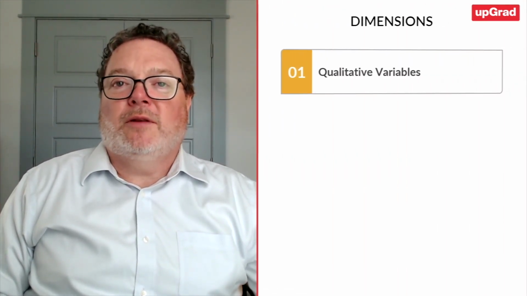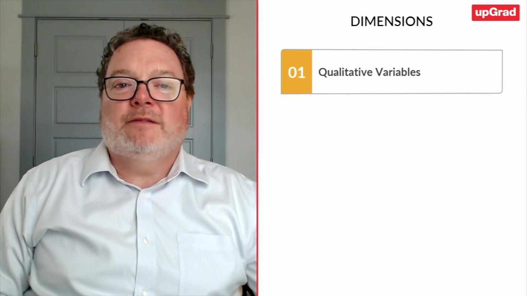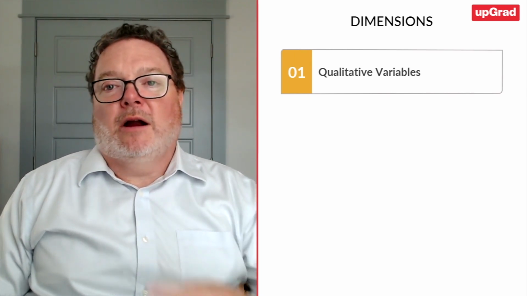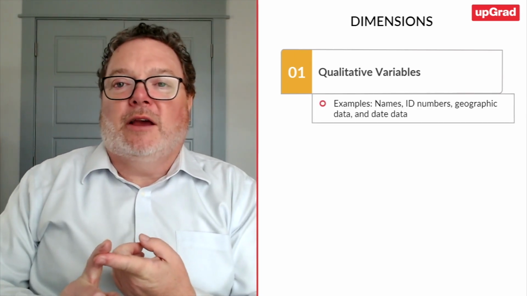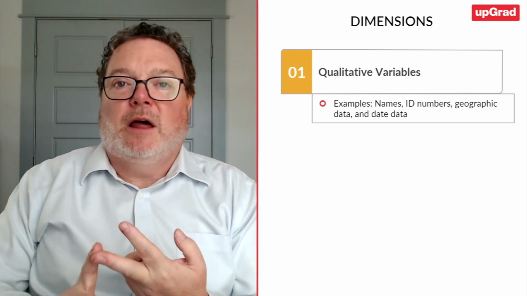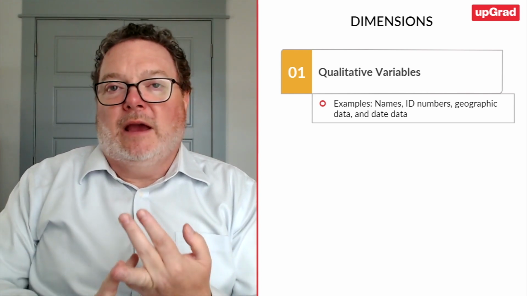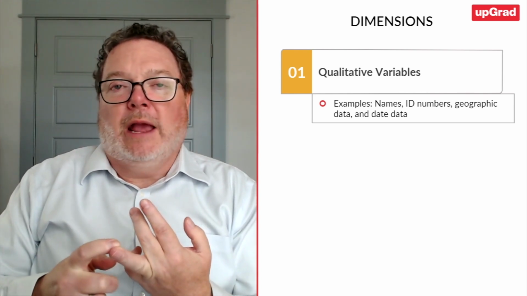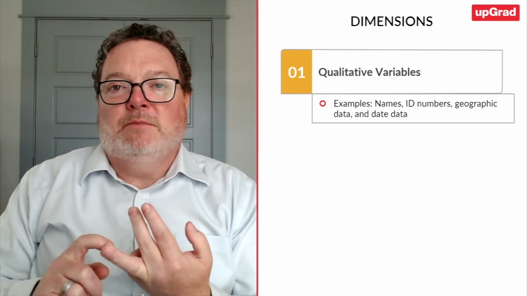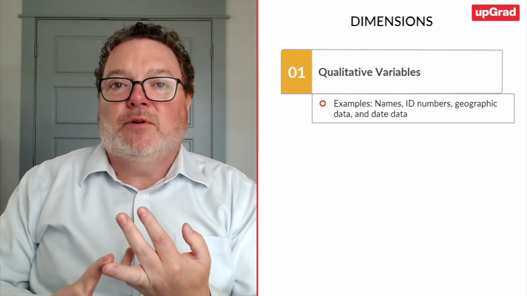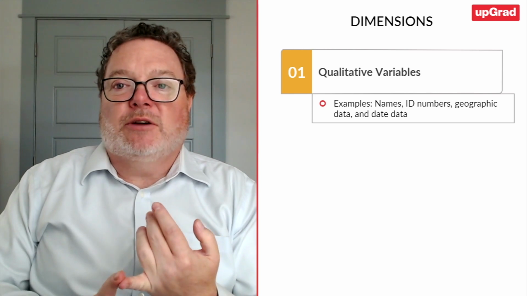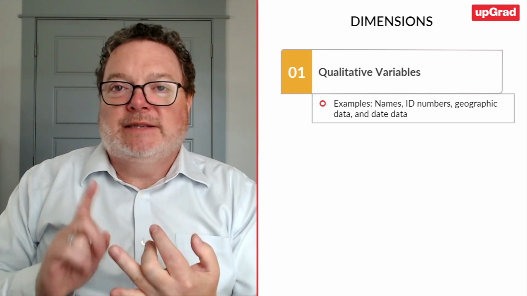That's the most important thing to keep in mind: qualitative variables. They are names of products, names of clients. It could be an ID number for a product if it mixes both letters and numbers. It can be geographic data, and it can be date data.